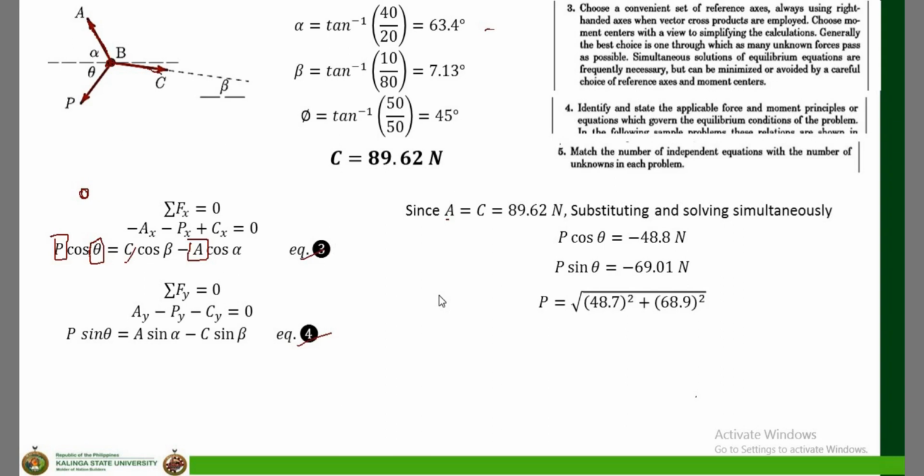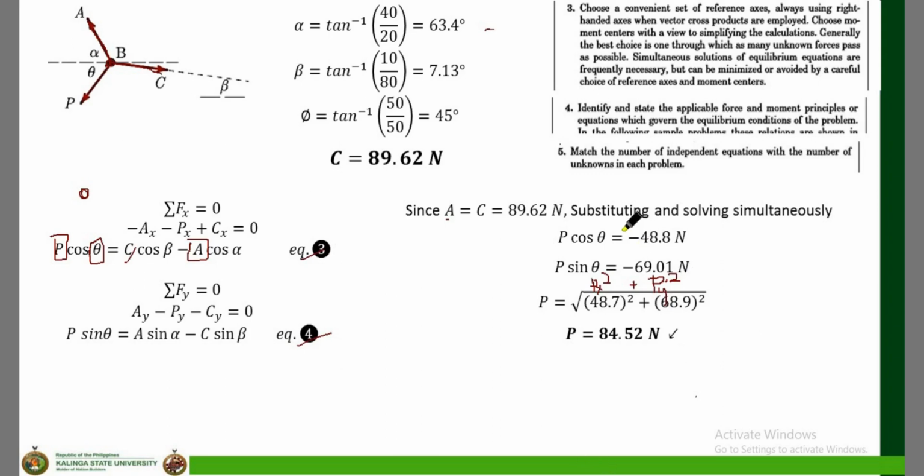Recall lesson 2: the resultant of Px and Py, that is P, is equal to the square root of Px squared plus Py squared. Inputting this in your calculator, the value of P is equal to 84.52 newtons.